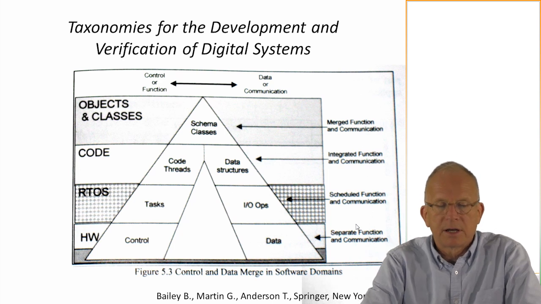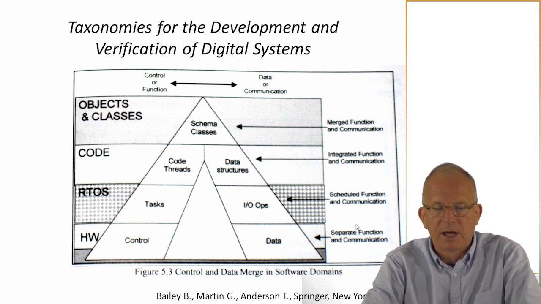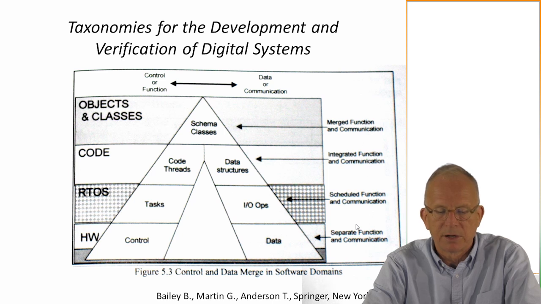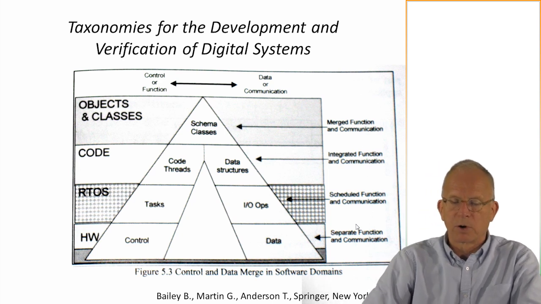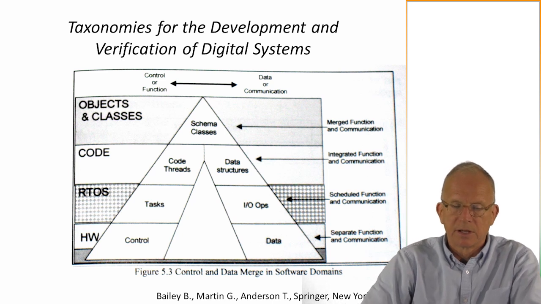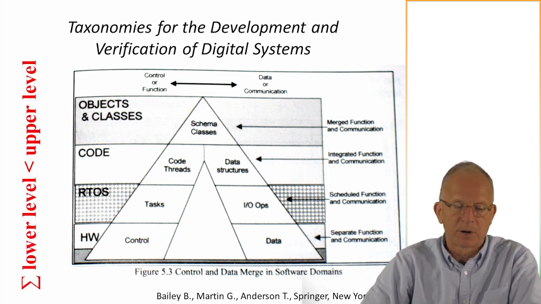Here's development and verification of digital systems decomposition. At the highest level you've got objects and classes, code, RTOs, and you can see how data and control merge in software domains. So there's a similar kind of problem.